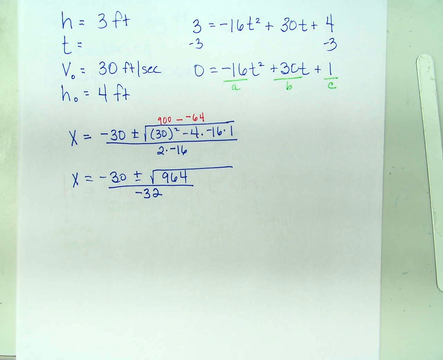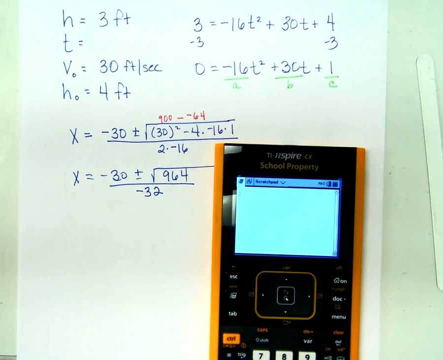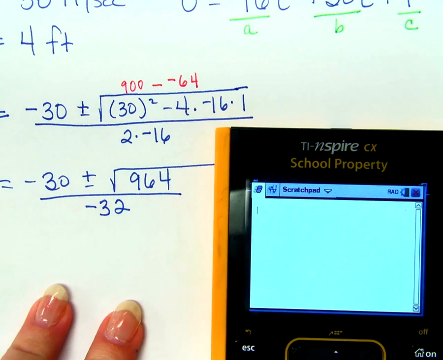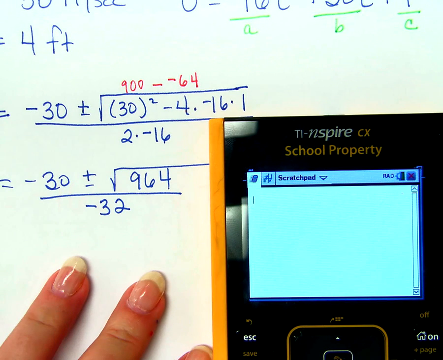All right? So, in our calculator, let me make sure that we're okay with this. First of all, turn your calculator on. That's important. Okay? I'm going to zoom in on my calculator a little bit so you can see it better, but we can still see the problem to the side. Okay?